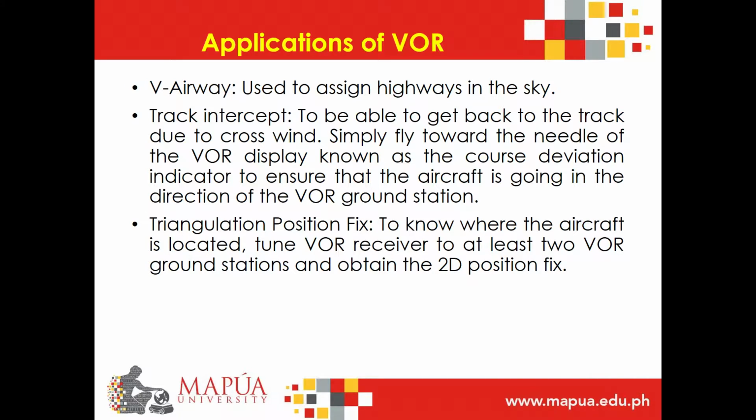Triangulation position fix. To know where the aircraft is located, tune the VOR receiver to at least 2 VOR ground stations and obtain a 2D position fix. This method can be used if you are near 2 VOR ground stations.